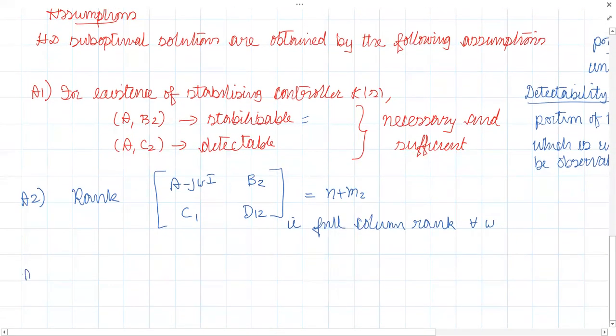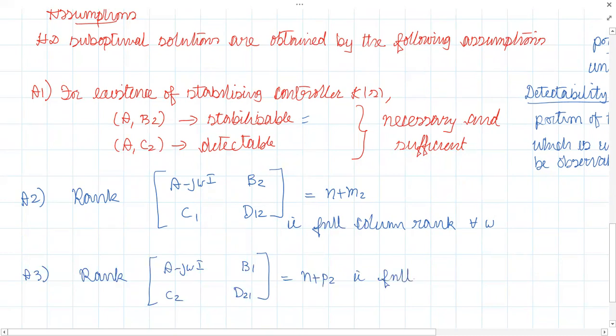The next assumption. Rank of A minus j omega I, B1, C2, D21 must be equal to N plus P2. That means it should have full row rank for all frequencies omega.